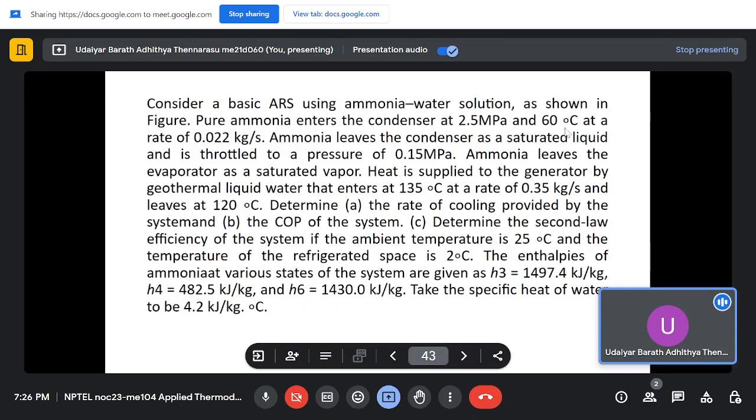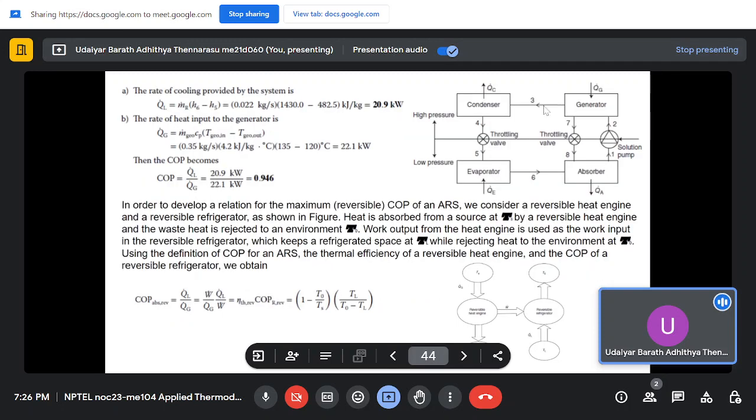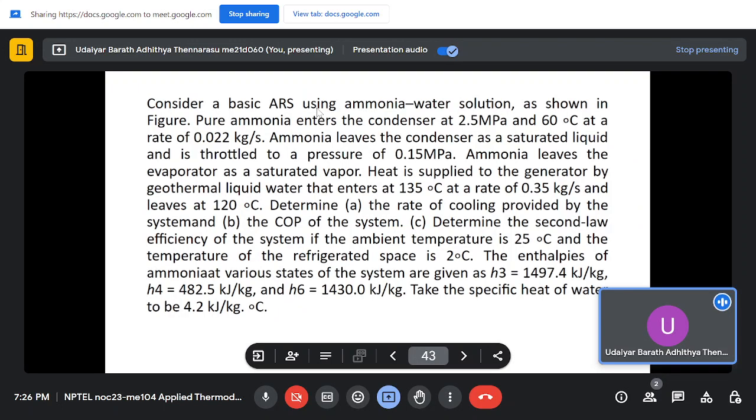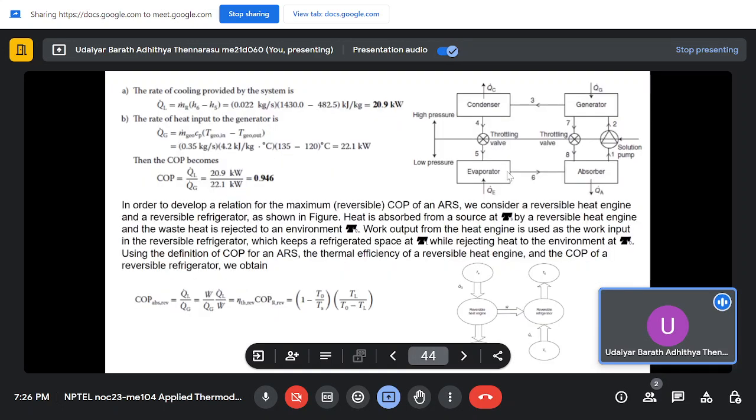Ammonia enters the condenser, and this part of the loop, states 3, 4, 5, 6, contains only the refrigerant ammonia, so the flow rate will remain the same. What is entering the condenser is also what enters the evaporator. So 0.022 into the enthalpy difference between 6 and 5 comes out to be 20.9 kilowatt. This is the cooling capacity provided.